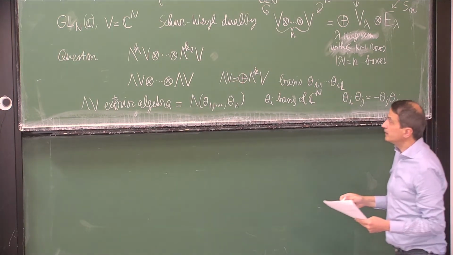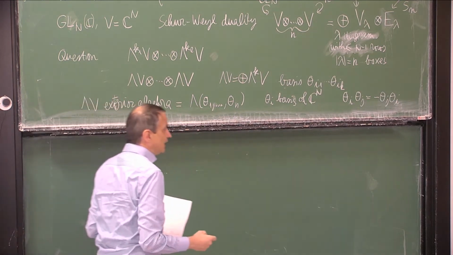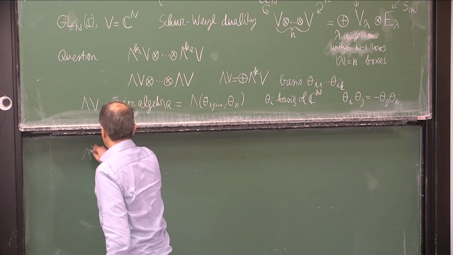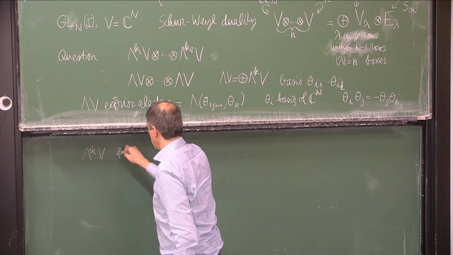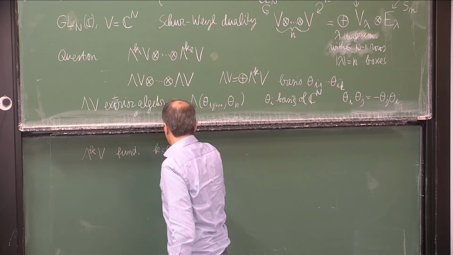So, maybe I should remark that these lambda k are fundamental representations for SLN, with k from 0 to n minus 1.